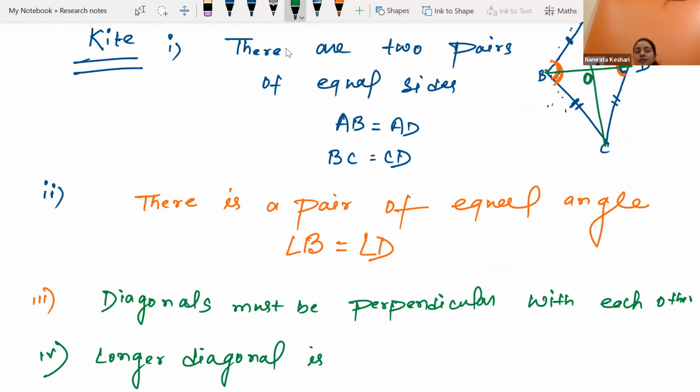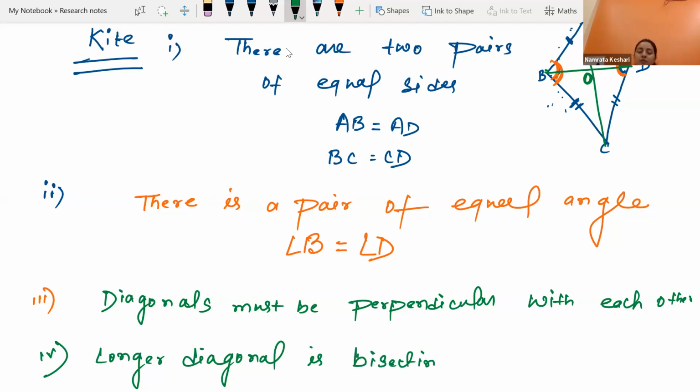Farhan, Sarah, are you getting it? The longer diagonal is just cutting the smaller one. Two diagonals we are having. Not both are getting divided in half, only the smaller one is getting divided in half, and the longer diagonal is the one dividing it. Am I making sense? Yes, ma'am.